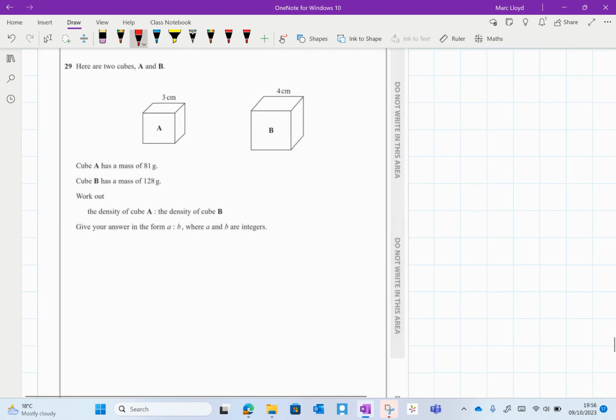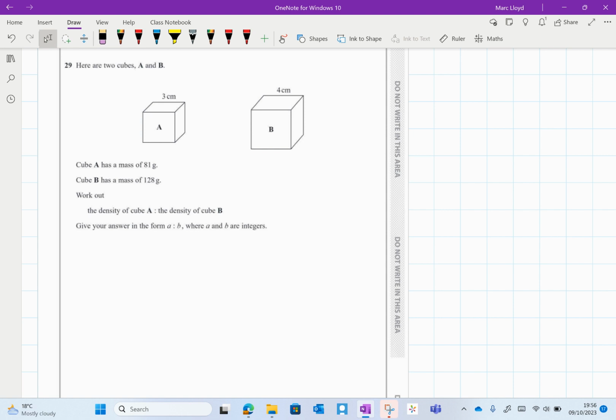All right, question 29. A cube has a mass of 81. This is density, mass, volume. So the volume of the one on the left is 3 cubed. 3 times 3 times 3, which is 27. And this one is 4 cubed. 4 times 4 times 4, 64.